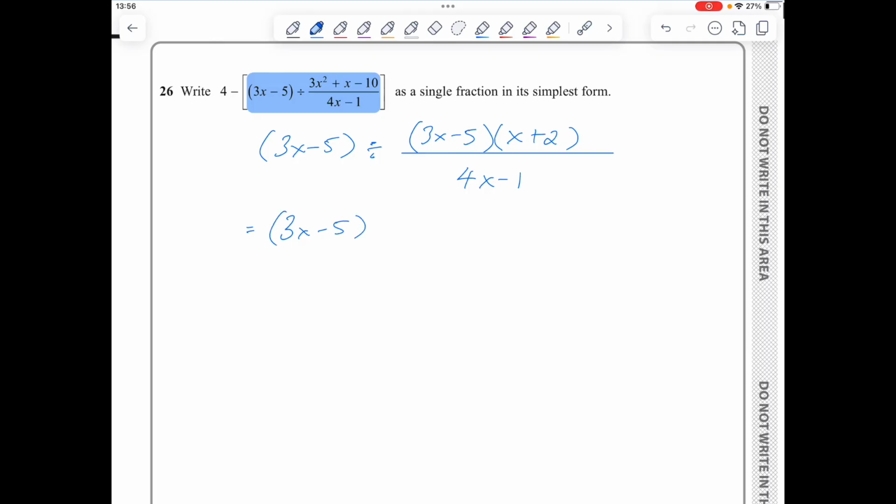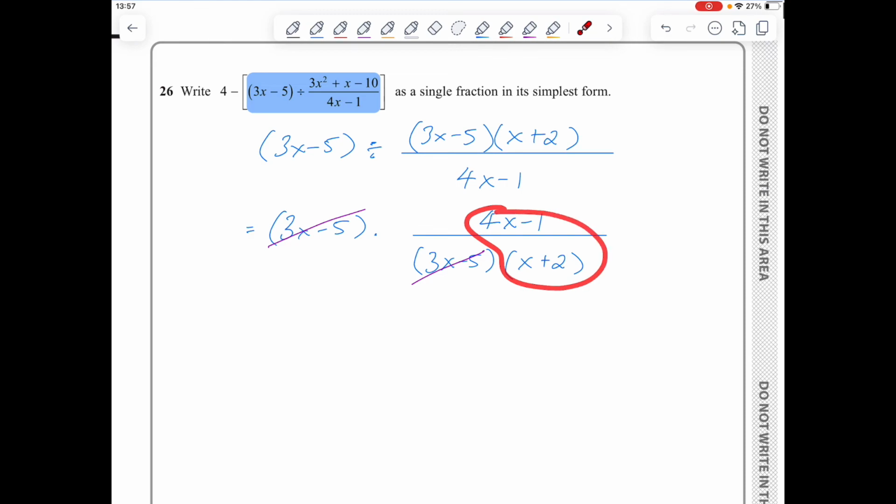I'm going to change the division to multiplication, and I'm going to flip my fraction. So I have 4x minus 1 in the numerator over (3x minus 5)(x plus 2) in the denominator, and I can cancel out the 3x minus 5, so I'm left with (4x minus 1) over (x plus 2).